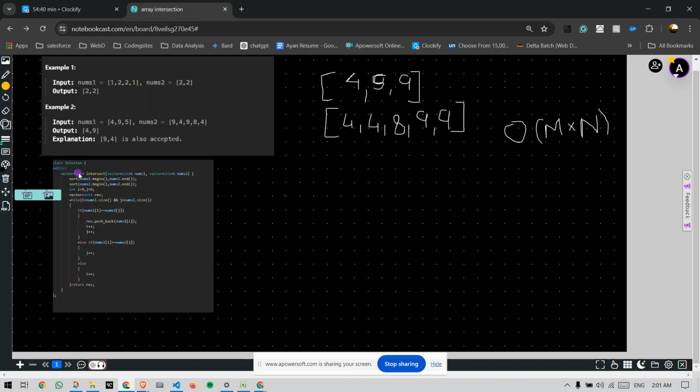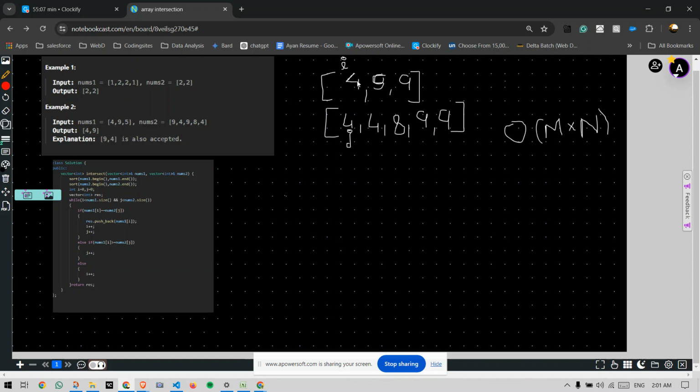So as you can see, I have written a solution here. This is my own solution that I wrote on LeetCode, and I sorted the first and the second array, and then I placed pointers at both of their starts. So I placed a pointer i here and another pointer j here. Now what will I do?